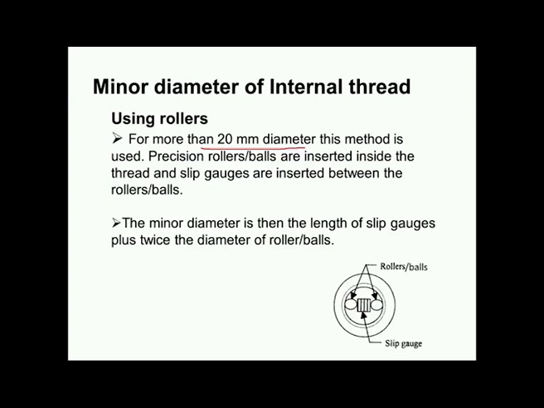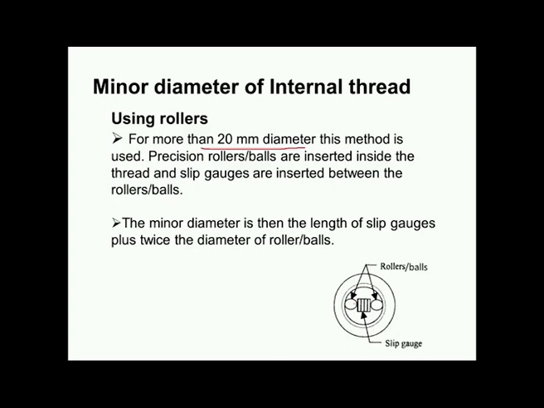These are the rollers or balls of same diameter. They are in contact with the internal thread, and the gap between the rollers or balls is filled with slip gauge. Then the minor diameter is calculated by adding the diameter of these two rollers plus the slip gauge width.